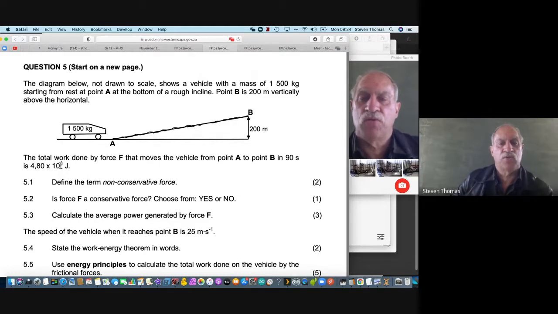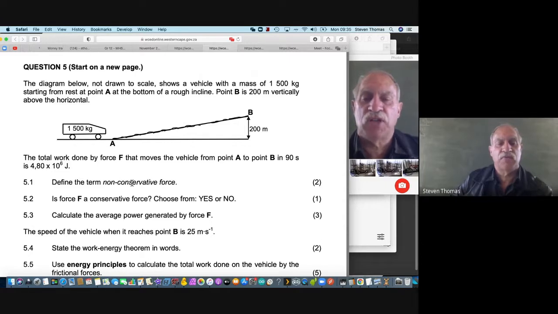So where is force F? There must be some applied force that is moving this vehicle up against friction and against height. So is force F a conservative force? First of all, define the term non-conservative force.